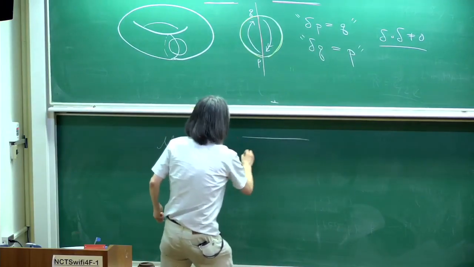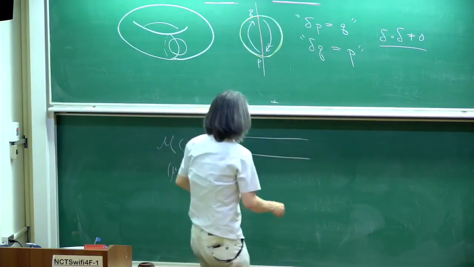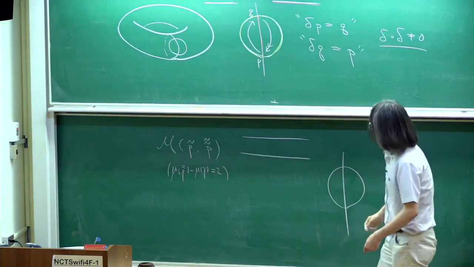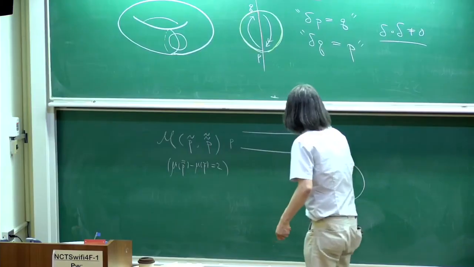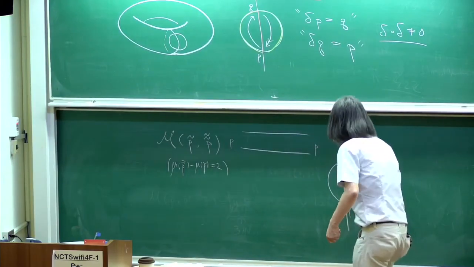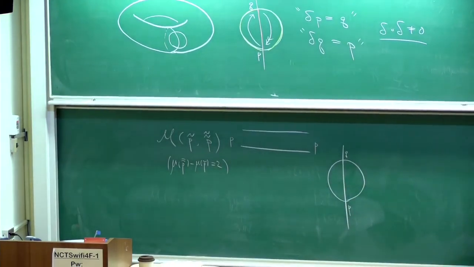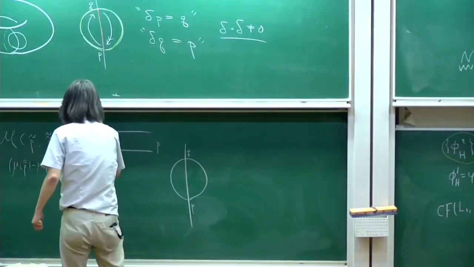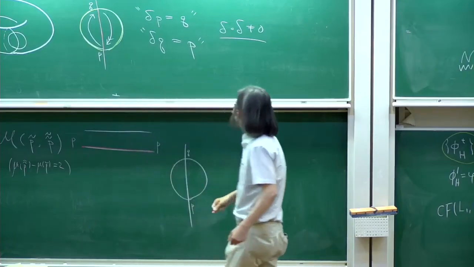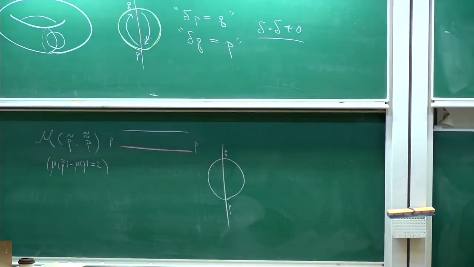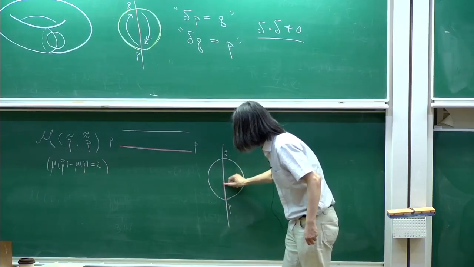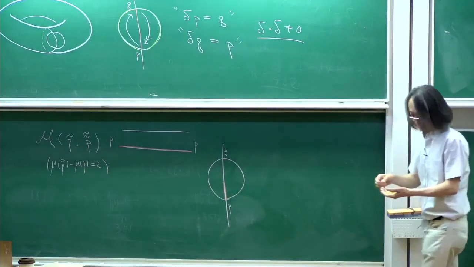So the picture is the following. I have this cylinder, and then I have this picture, and then I start from P to P. So I have P here, I have Q here. And then I consider the following map. So this boundary is sent to a boundary like this, like this.